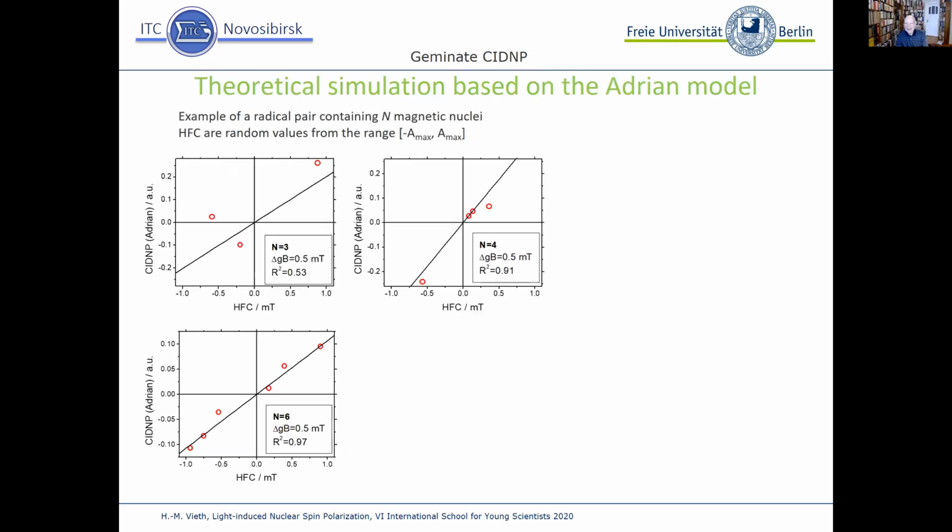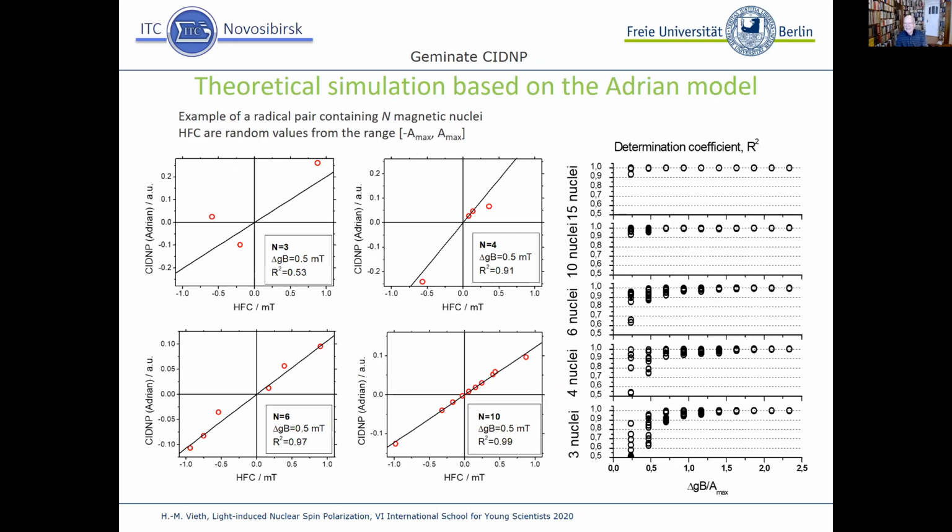And this can be analyzed in a theoretical way using what's called the Adrian model of radical pair CIDMP. And you see that this linear correlation is almost exact for molecules with a higher number of nuclear spins, whereas for one or two nuclear spins, it doesn't work so nicely.